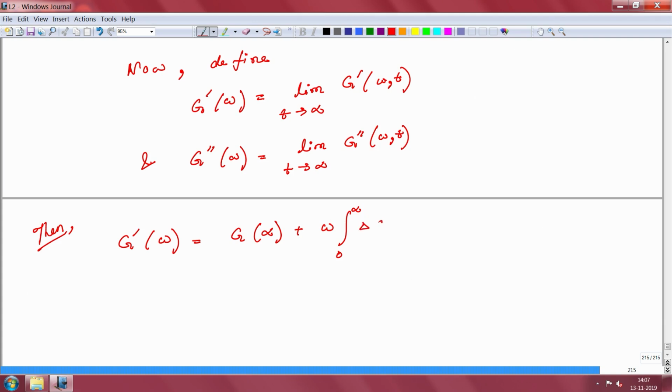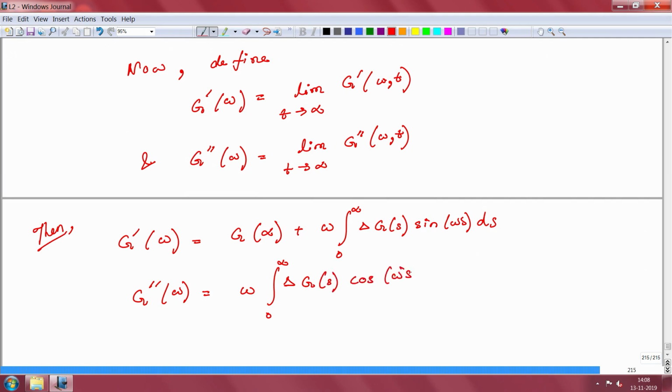So, you have delta g s and then sine of omega s ds, and the second term is equal to omega delta g s cosine of omega s ds.